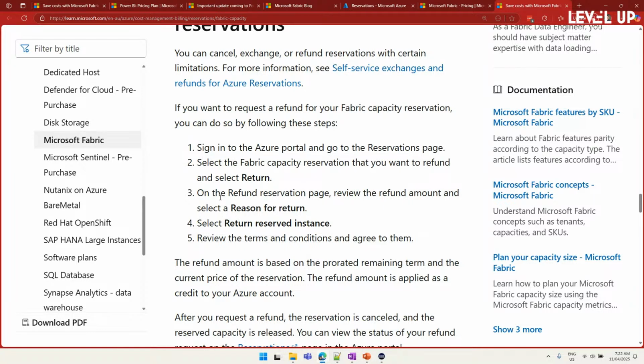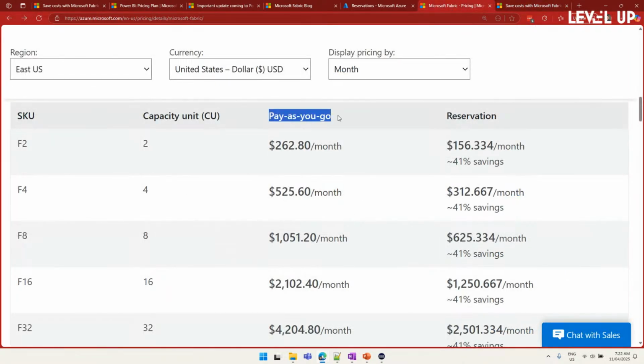Every time that I have canceled a reservation, they've been quite flexible in regards to the terms and conditions. It doesn't take away that it is good to be familiar with the terms and conditions before you agree to getting a reservation, as it could be a costly ongoing cost. But definitely, start from a pay-as-you-go model and then move to a reservation model. That's the idea.